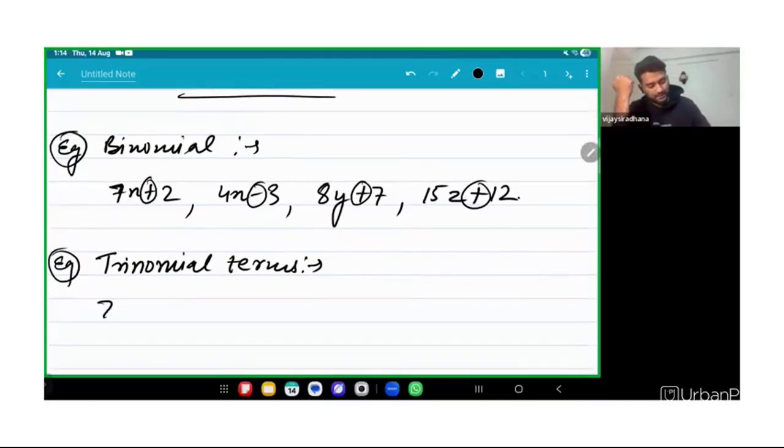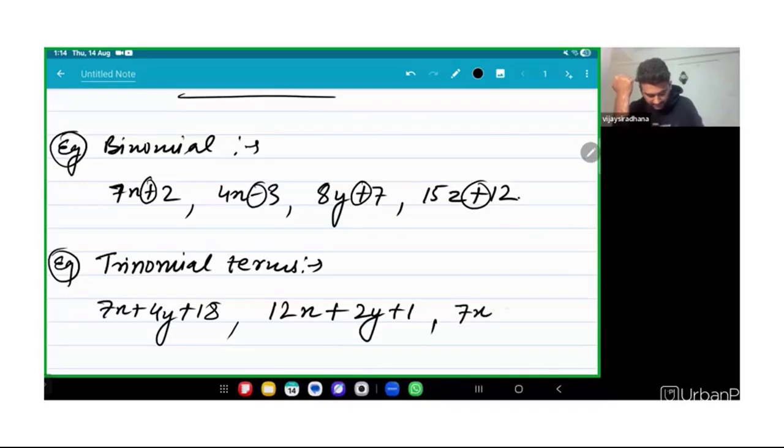For example, 7x plus 4y plus 18, 12x plus 2y plus 1, 7x plus 2, 12y plus 8z.